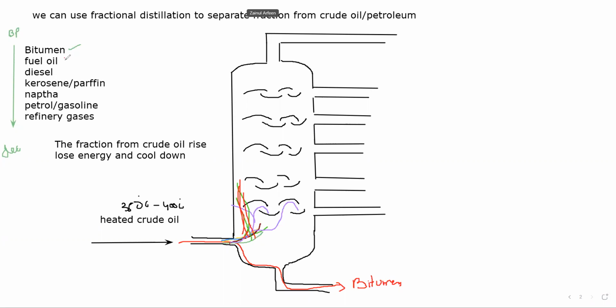Then after fuel oil, which fraction will condense? Here we have fuel oil. Then after fuel oil, diesel is there. So diesel will condense here, and the remaining fractions will rise.